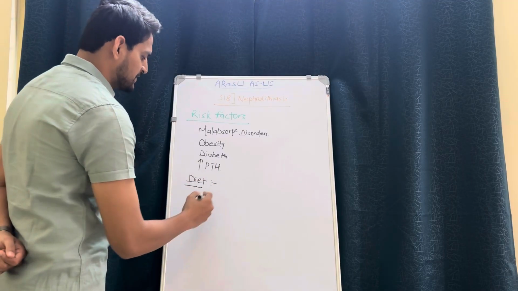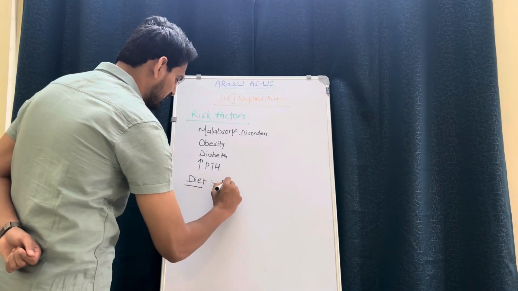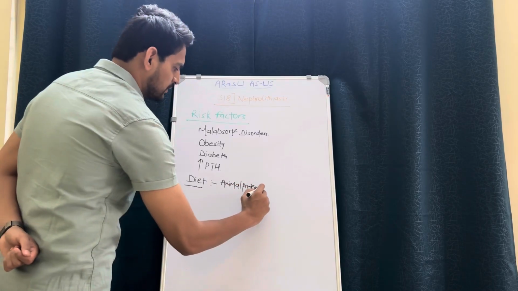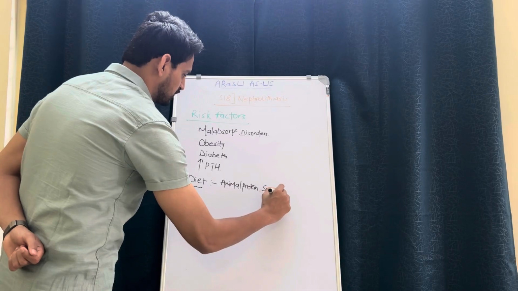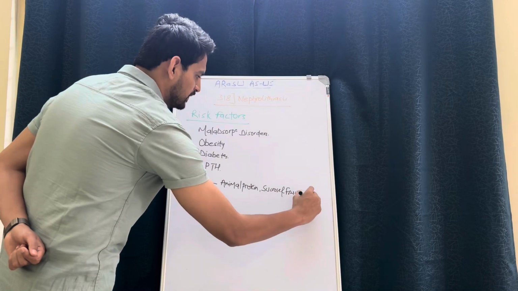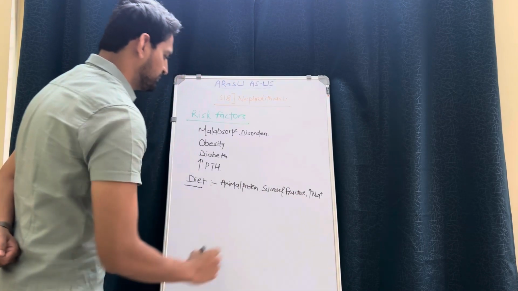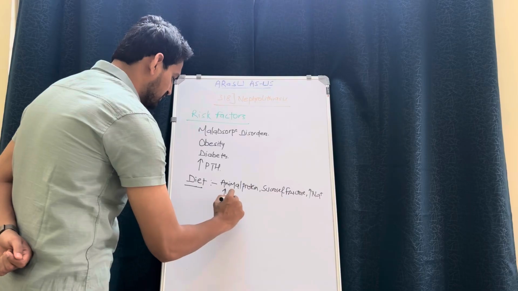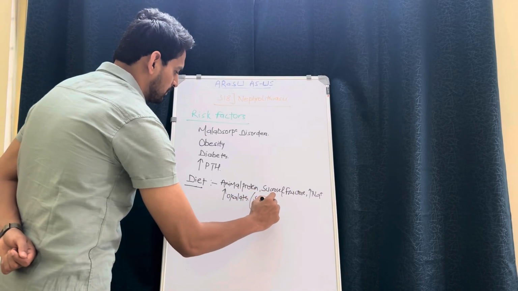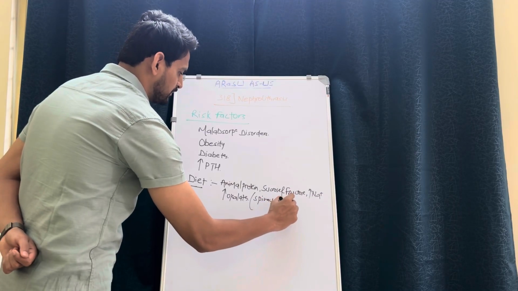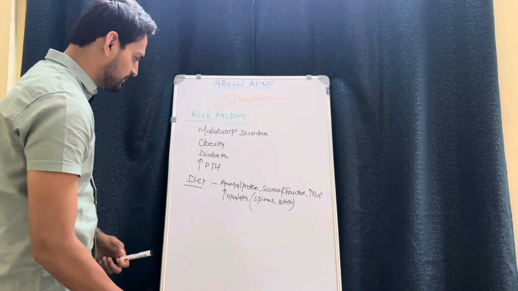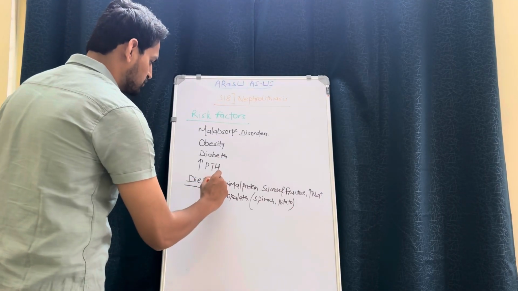So those which will increase stone formation risk are mainly consumption of animal protein, sucrose and fructose rich food products, high sodium, that is salt intake, then increased oxalates, which is commonly found in spinach, potatoes, etc. So these are the ones which will increase the chances of kidney stone formation.